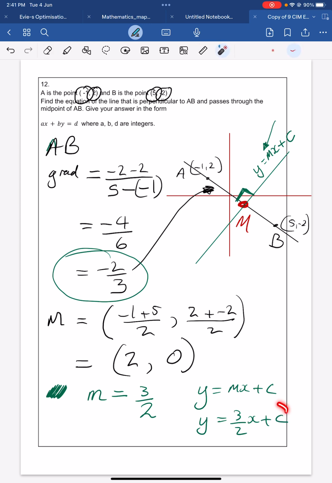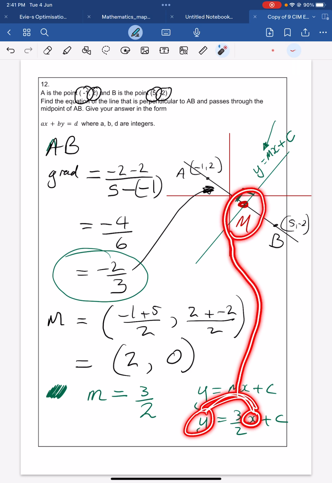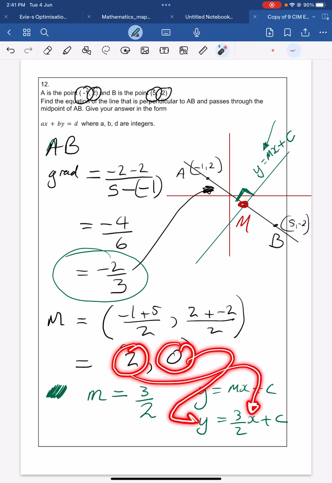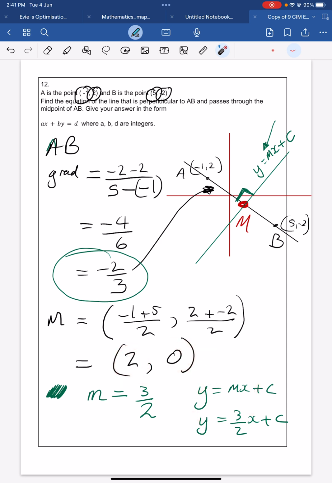It looks like it's maybe a negative answer. To find the plus c, we just need to substitute an x, y pair of numbers that we know is on the green line, and we know that M is on the green line. So we substitute x is 2 and y is 0. Let's go ahead and do that and see what we get.